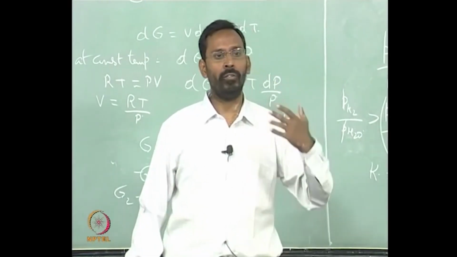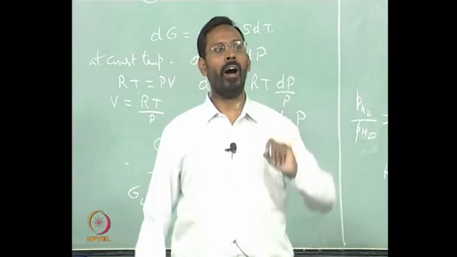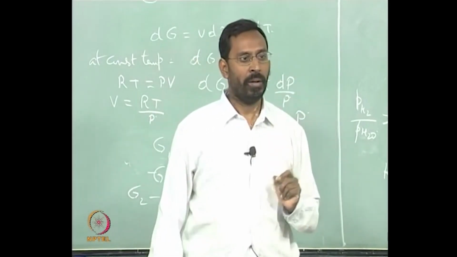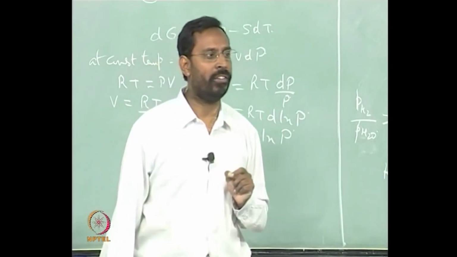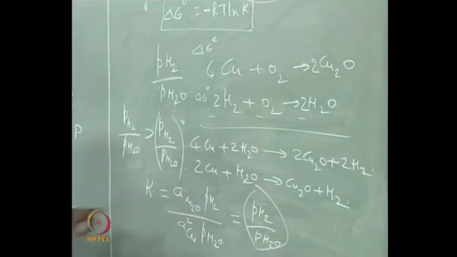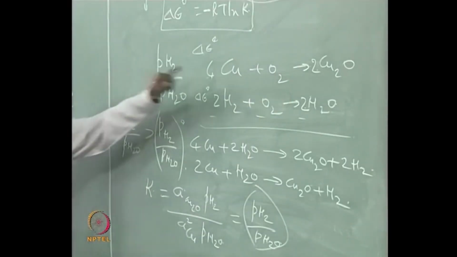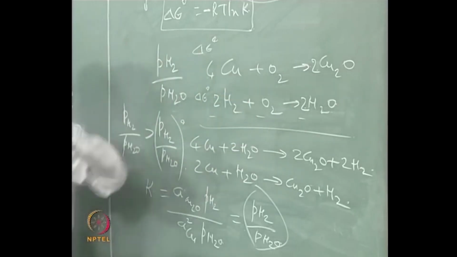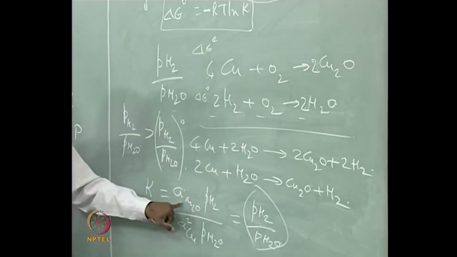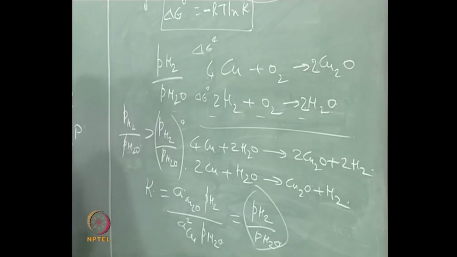Let us say I want to find out whether nickel of that superalloy will oxidize, whether aluminum of that superalloy will oxidize or not. If you want to find out, you have to actually find out for each of them equations like this, and the activities of the oxide and the metal that you are putting in this equation should be accordingly the compositions of those.